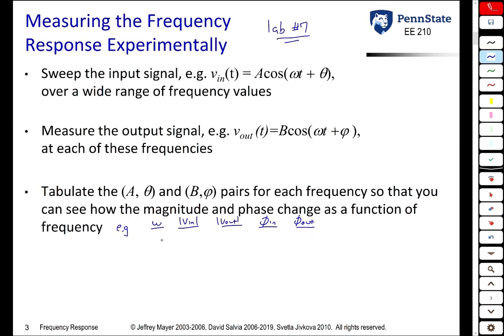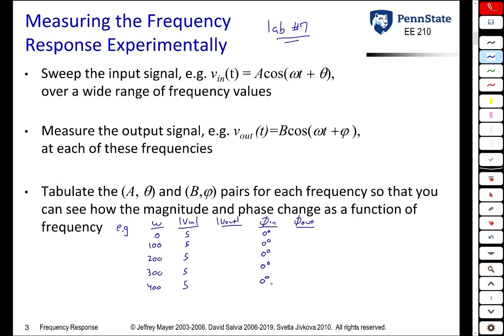So for example, we might have frequencies of 0, 100 radians per second, 200, 300, 400. And we might have the magnitude of the input not changing at all, so keep it all at 5 volts. And let's keep the input phases all at 0 degrees.